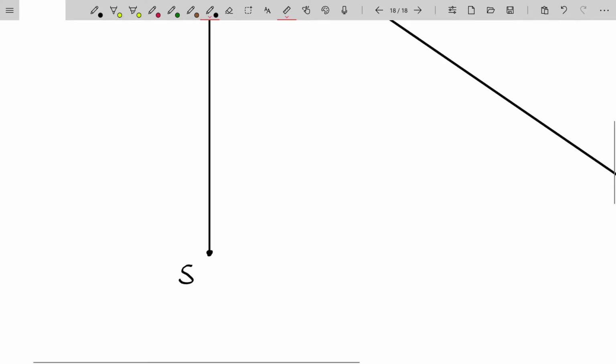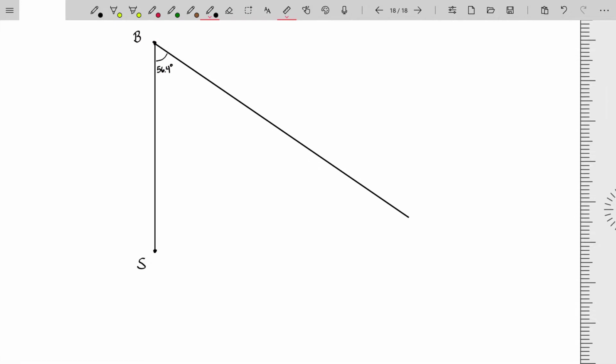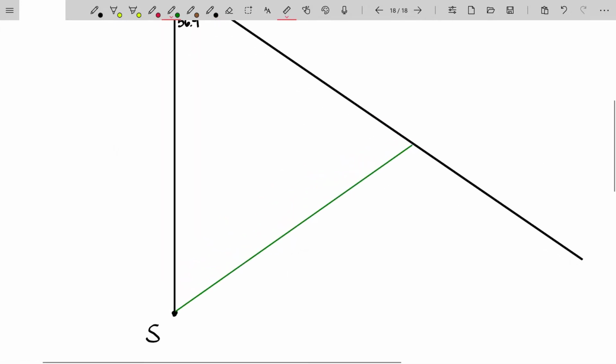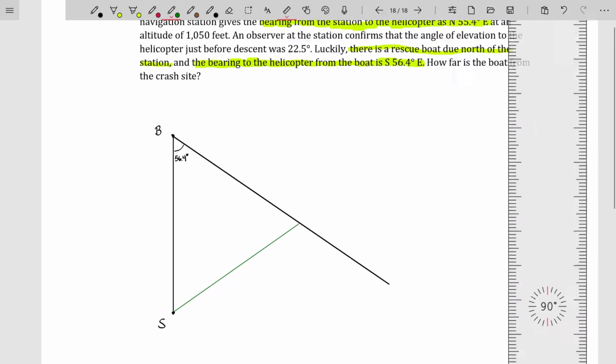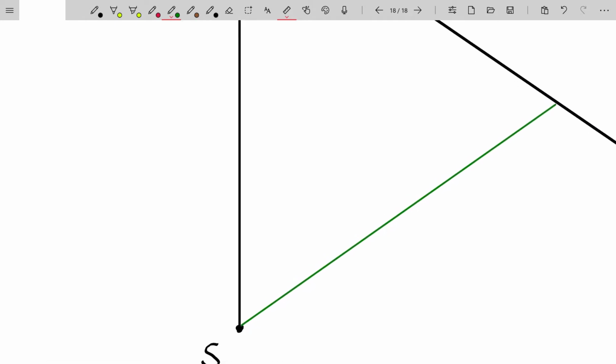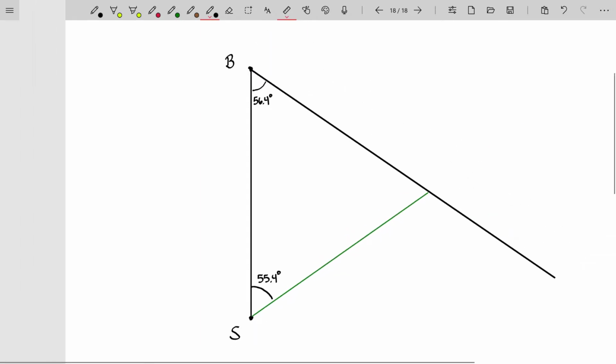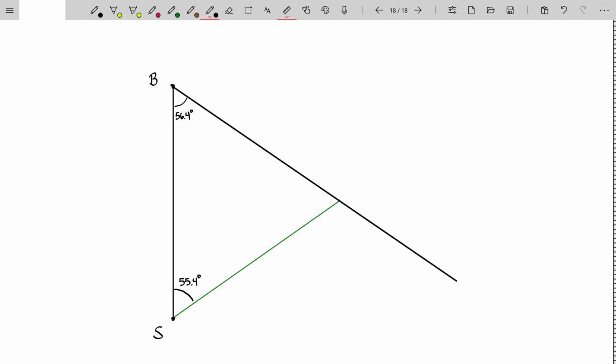So I'm going to draw that in right now. There, I've drawn it in. That's north by 55.4 degrees. So they face north, turn 55.4 degrees to the east. There we go. And the intersection there is where the crash occurs. So that's the crash site.